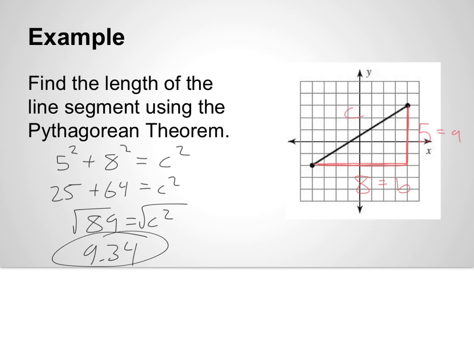So for any problem, whether or not you have a graph available, if you want to use graph paper on the quiz or something and just plot 2 points and use the Pythagorean theorem, I think that is a perfectly good way to solve these.